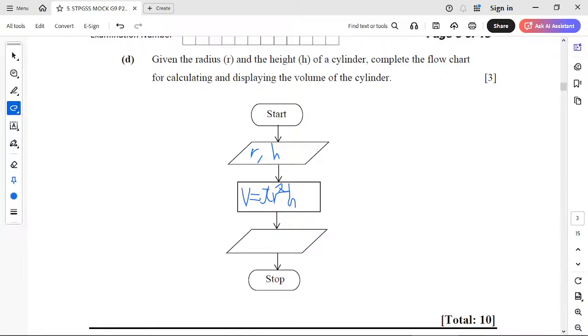We use that formula to give us the volume. Once we have done that, what we have next is the actual volume of the cylinder. Like that, you have filled the flowchart correctly. So that's how you fill the flowchart.